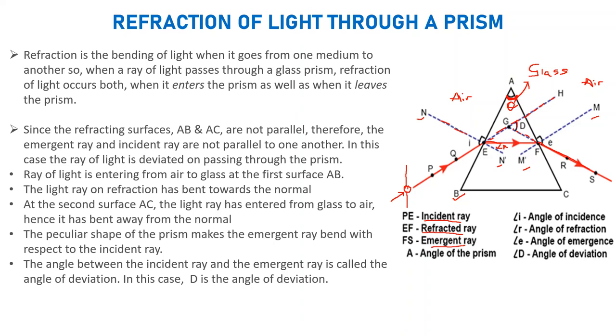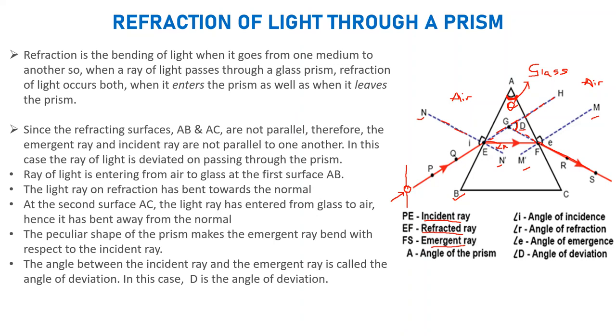There is an angle formed here. Now this angle is the angle of deviation. It shows how much the emergent ray has deviated from the incident ray. So this is called the angle of deviation.